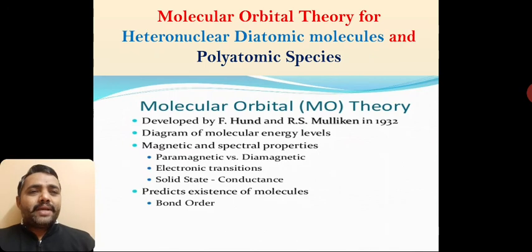Whether a given molecule is paramagnetic or diamagnetic depends upon their electronic transitions, and their application is in solid state for conductance, meaning electron flow from one position to another. And how will you calculate its bond order? These points are included in your introductory part, and we can discuss them later.